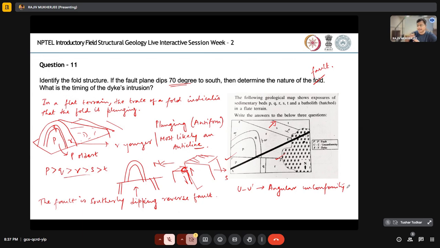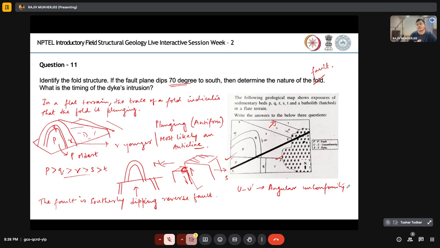And altogether, this deformed sedimentary sequence, after the folding, then comes the angular unconformity, and then there is a deposition of S and T. The faulting definitely took place before the deposition of S and T, I guess. It is hard to tell the timing of the fault just from this information, but most definitely the batholith intruded after the deposition of S and T, as it cross cuts them.